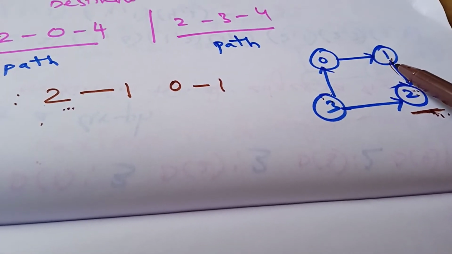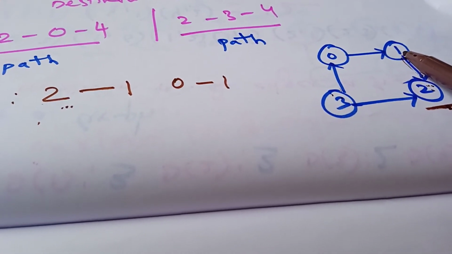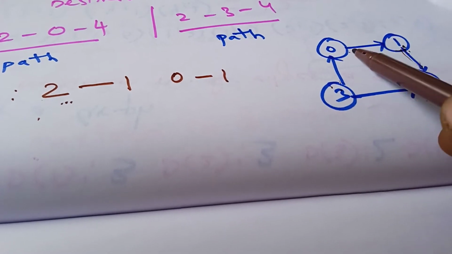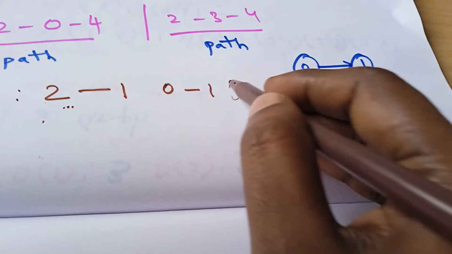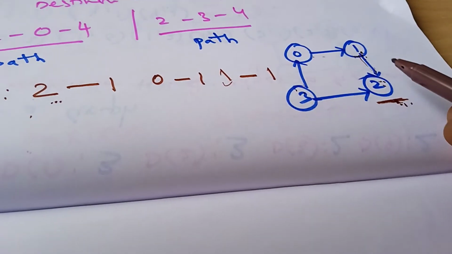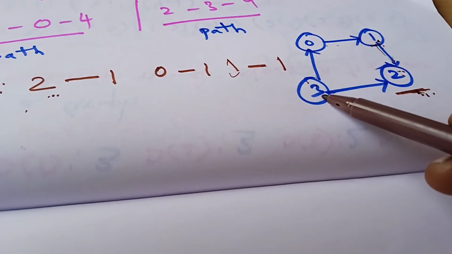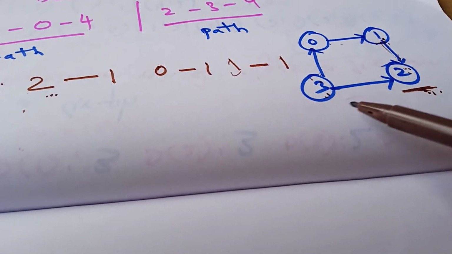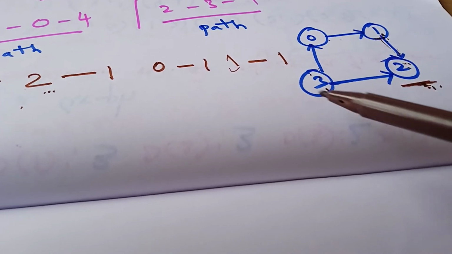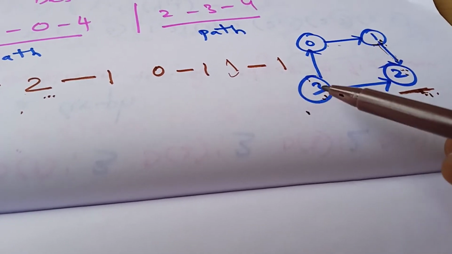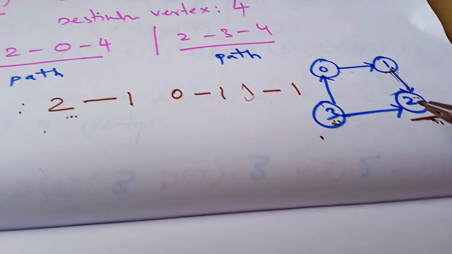Now look at 1. The in degree of 1 is what? 0 to 1, so the in degree of 1 is 1. Now the in degree of 3 is what? No edge is coming to 3, so the in degree of 3 is 0.